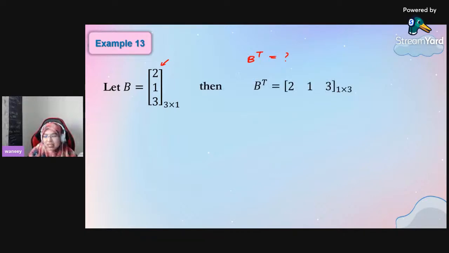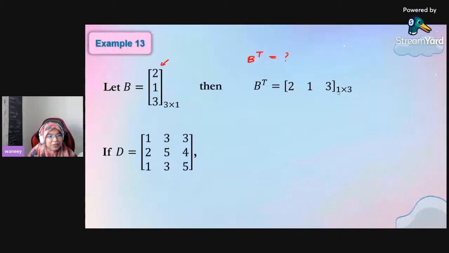Okay, so now the second one. If D is equal to 1, 3, 3, 2, 5, 4, 1, 3, 5, then what is D transpose? Okay lah, untuk yang ni saya bagi 15 saat. Stress. Kenapa? Apa yang stress je sebab kira lah.